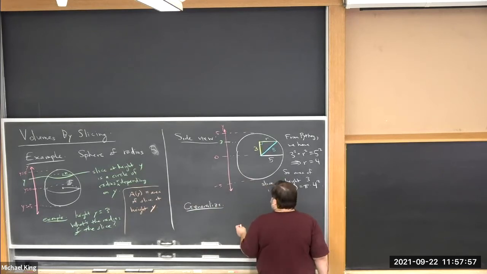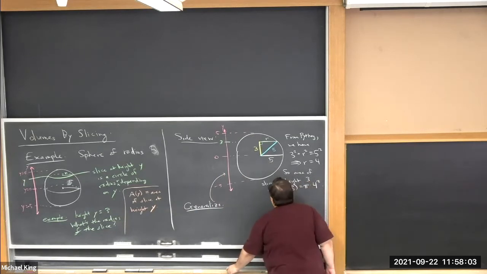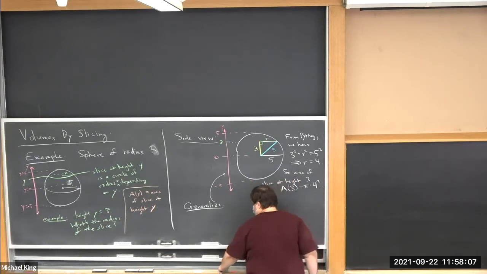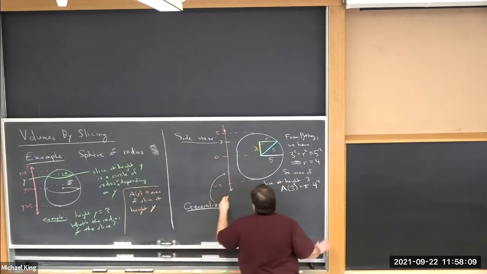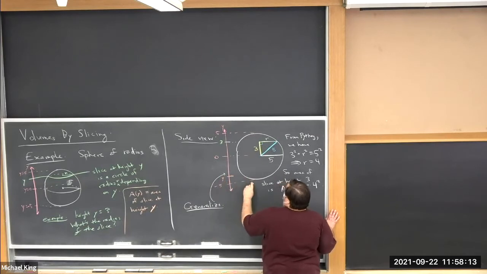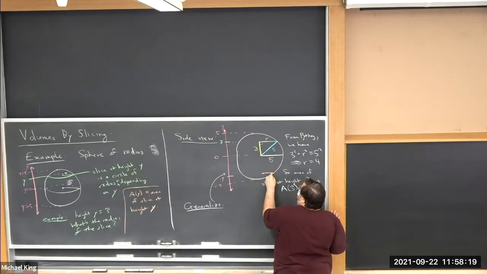If I just want this, maybe I'll even do it on this picture, but just down here. If we just picked a random y, sorry, being lazy and drawing on the same picture. So that's a negative y, which we have to be a little bit careful about, but then this is the radius we would care about.